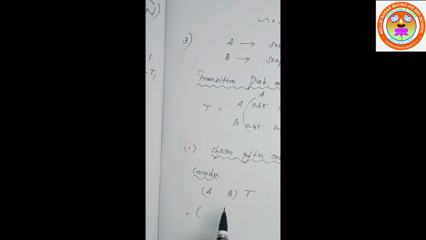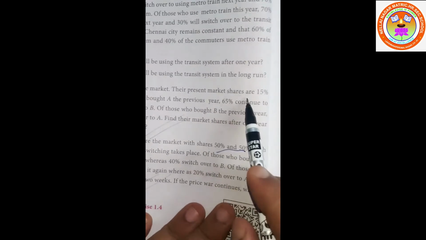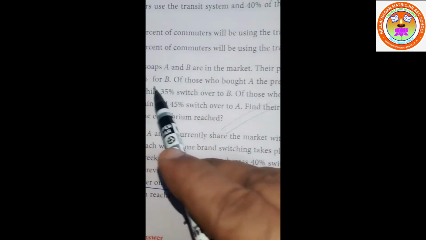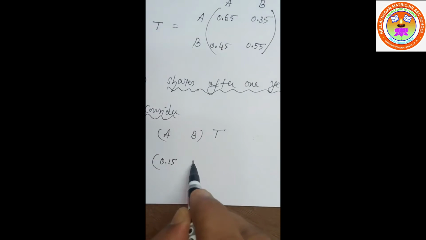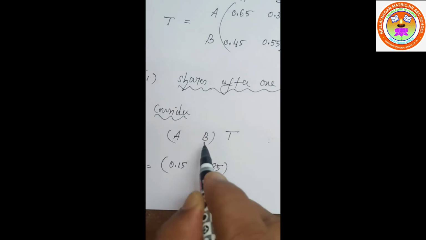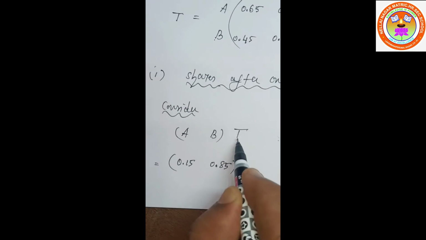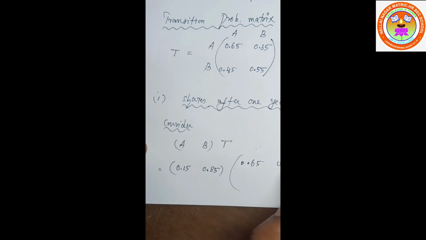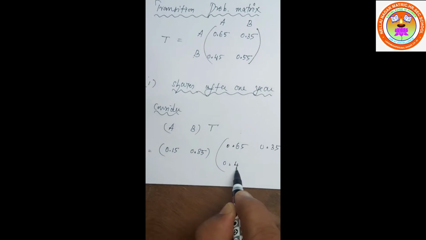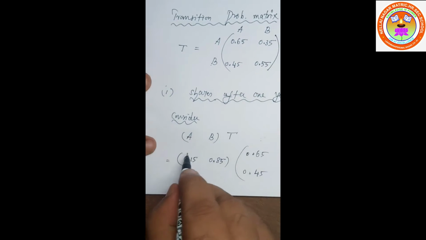The values of A and B are given in the question. Present market shares are 15% for A and 85% for B, that is 0.15 for A and 0.85 for product B. Into the transition matrix, here it is 0.65, 0.35, 0.45, 0.55. Then you have to multiply row by column.